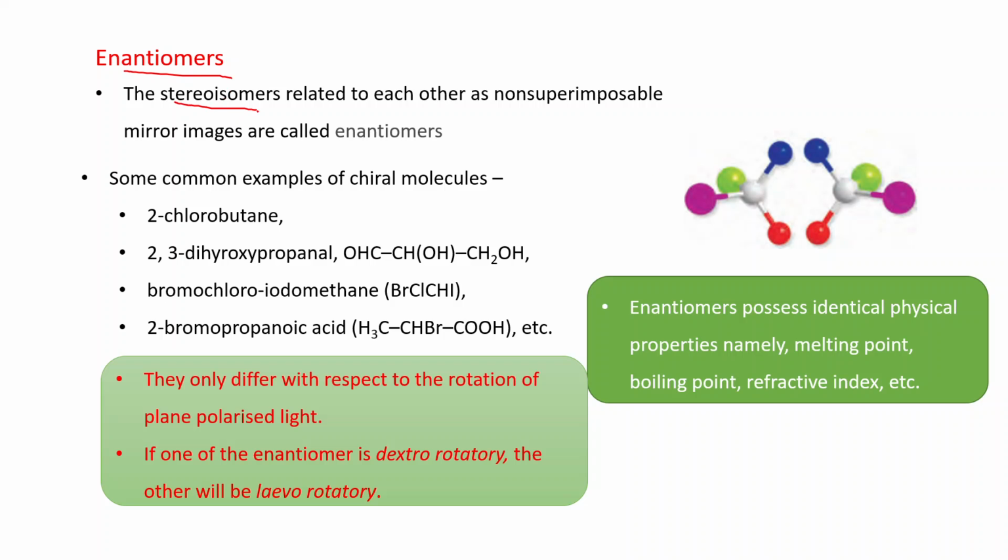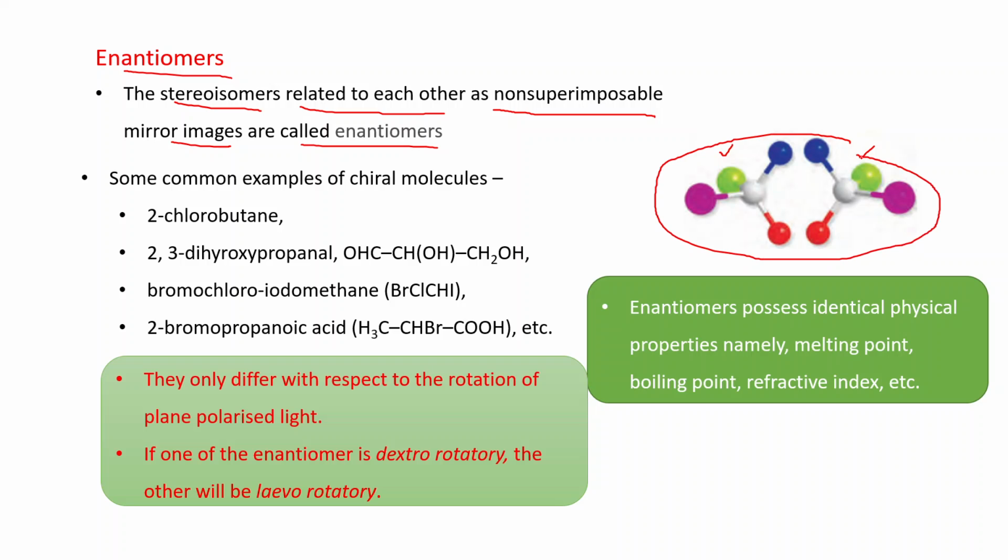Enantiomers: the stereoisomers related to each other as non-superimposable mirror images are called enantiomers. You can see this is one molecule and this is its mirror image. These are non-superimposable mirror images, and this pair is known as an enantiomer.